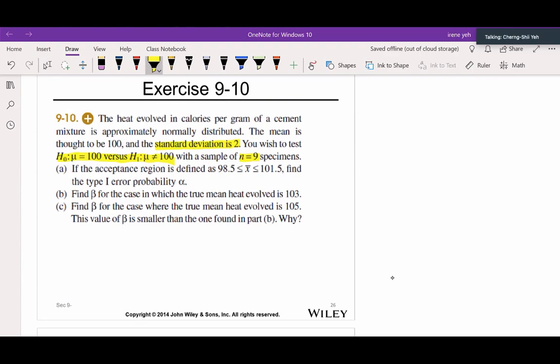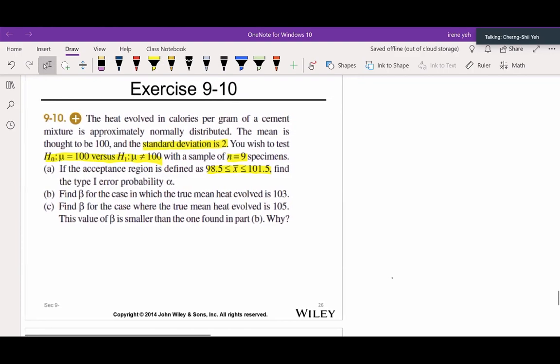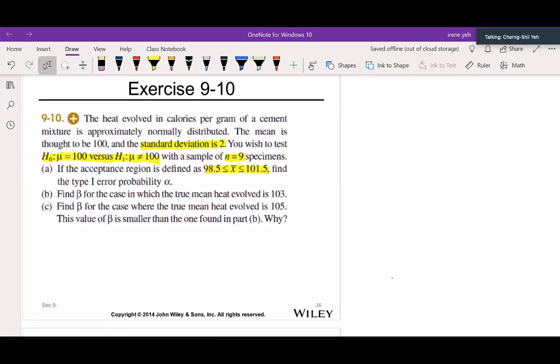Now let's go to question 8. The acceptance region is your confidence interval, the region that leads you to fail to reject the null hypothesis and accept it. If this is your confidence interval, find the probability of making a type 1 error. To start, let's repeat the definition of type 1 error again.